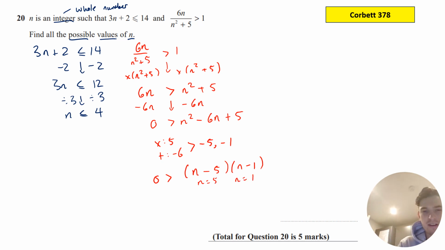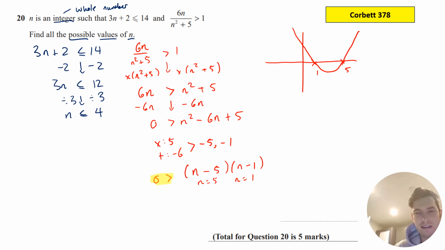Okay, so quadratic inequality, I'm always going to plot this on a grid. So 1 and 5 go there. And because it's a quadratic, it looks like this. So what do I want here? Well, what I want is for this n minus 5, n minus 1 to be less than 0.